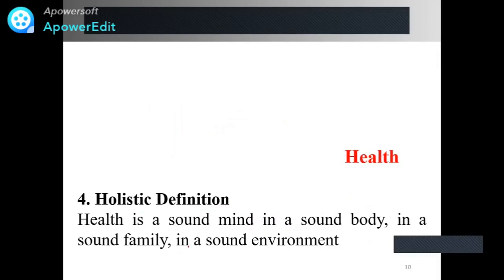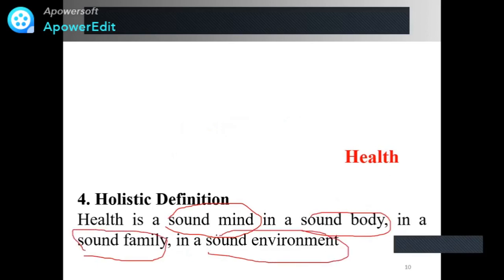The holistic definitions. Health is a sound mind in a sound body, in a sound family, in a sound environment. There are four factors concerned here: mind, body, family, and environment.